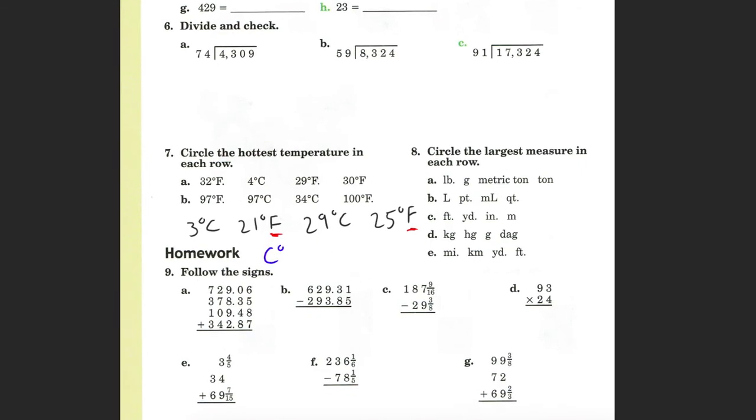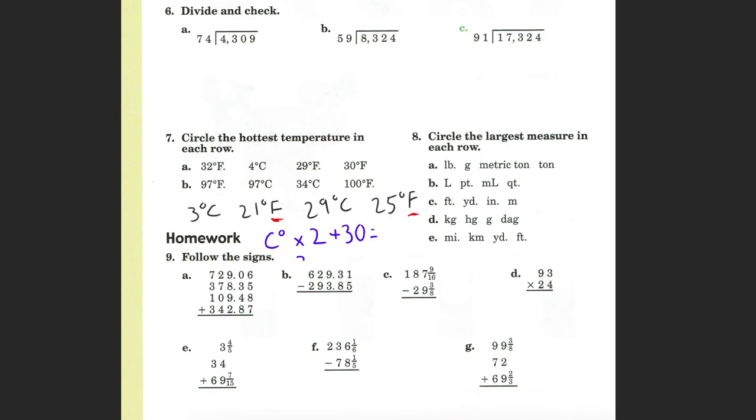Just take your Celsius temperature, times it by 2, then add 30. For example, for my 3 degrees Celsius, I would take 3 times 2 plus 30. 3 times 2 is 6, plus 30 is 36. So this is 36 degrees Fahrenheit.